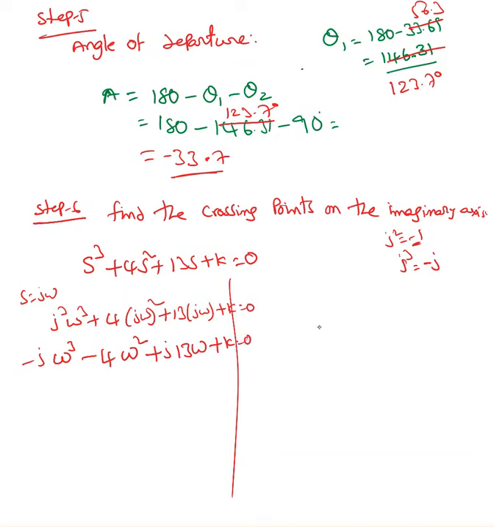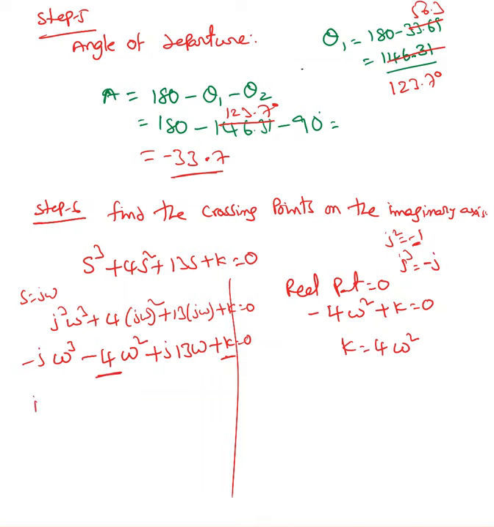Now here equate the real part equal to 0. I have the real terms: minus 4 omega square plus k equal to 0. So k equals 4 omega square.